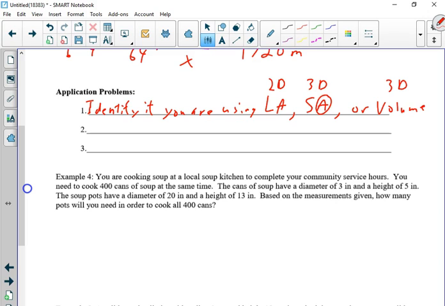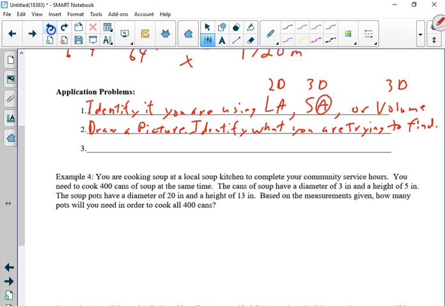Then step 2, draw a picture, always good in geometry, and identify what you're trying to find. All right, hit pause if you need to.